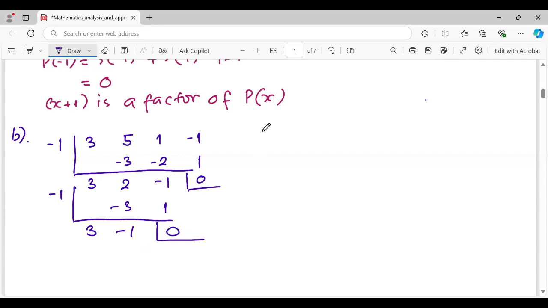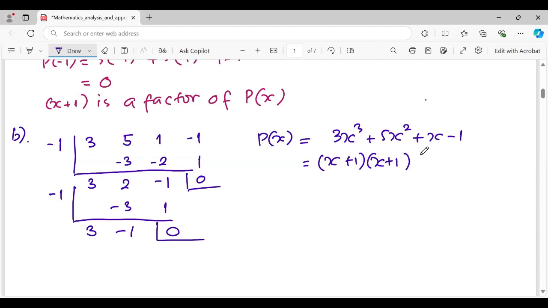So it means p(x) equals 3x cubed plus 5x squared plus x minus 1 has three linear factors, and the three linear factors are x plus 1, x plus 1, and 3x minus 1.